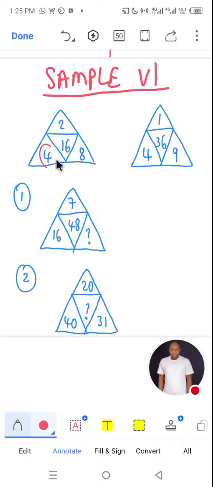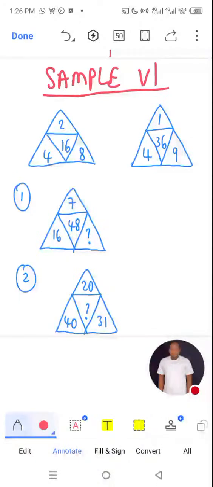So look at this. If you do 4 times 8, you will get what? 32. And what is 32 divided by 2? Isn't that 16? Okay. So let's also try if it will work here. 4 times 9 is what? 36. 36 divided by 1 is what? 36. Good.